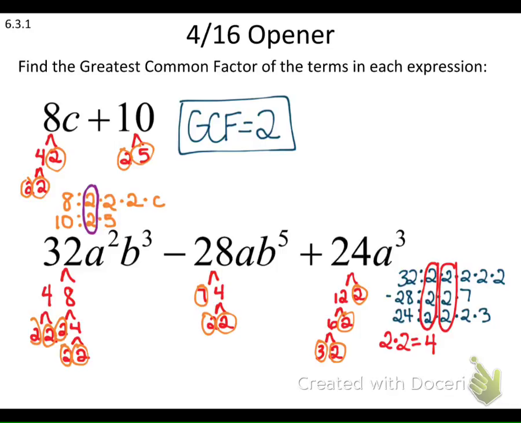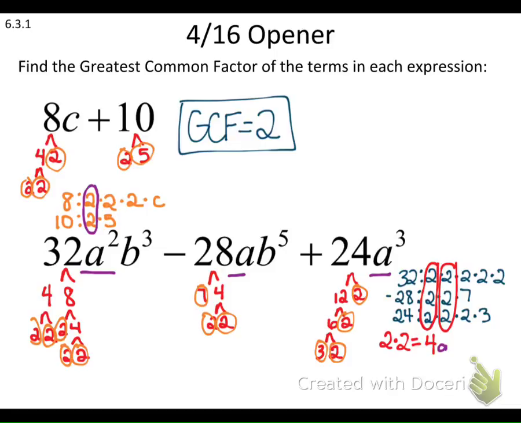And then don't forget your variables up here either. So I have a squared, a, and a to the third. What is the smallest number of a's that I have? Just a by itself, right? You can think of a by itself as a to the first, but when we write it, we just put an a. All right, now let's look at our b's.